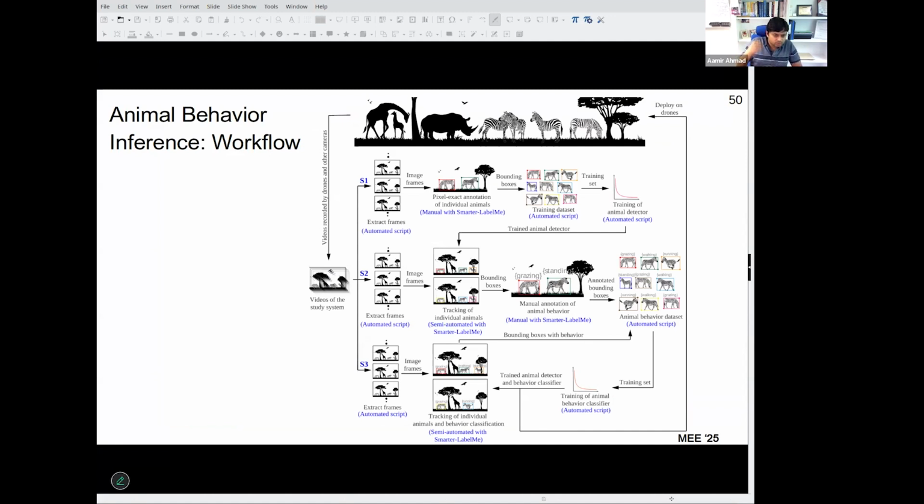The idea is to bootstrap with a very small amount of very accurately labeled data, 100, 200 images with accurately labeled behavior. Then we train a model on it, a classifier, and use it on the next batch of data, and then ask the expert to correct the errors. We iterate a few times, and after 3 or 4 iterations, the number of corrections becomes less and less, and the expert needs to spend very little time to annotate all these videos from scratch.